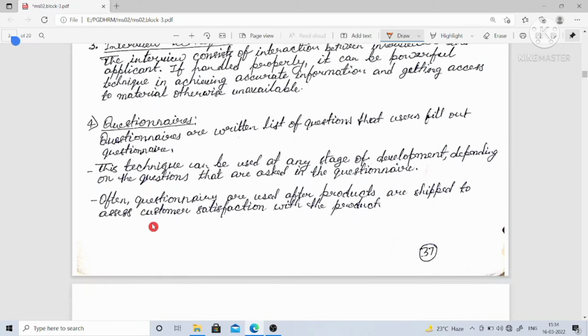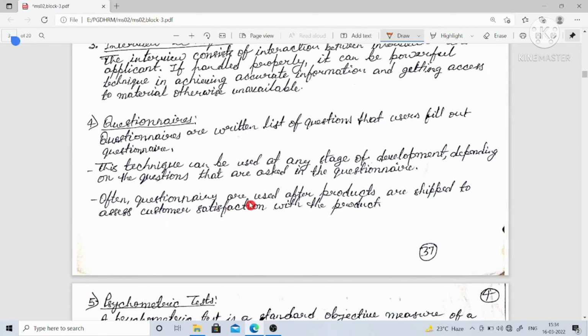Often questionnaires are used after products are shipped to assess customer satisfaction with the product. If the organization wants to know the satisfaction level of customers, then questionnaires can be used.